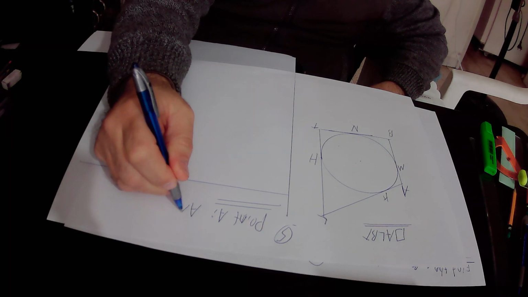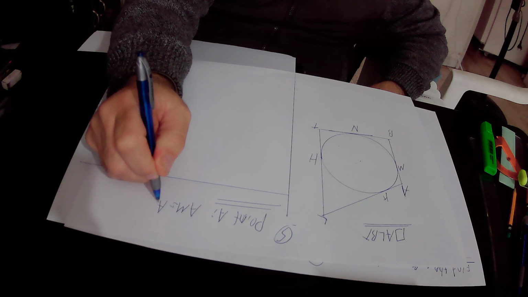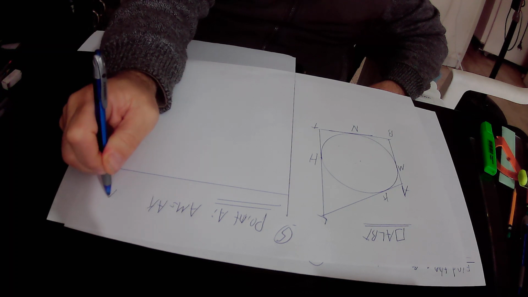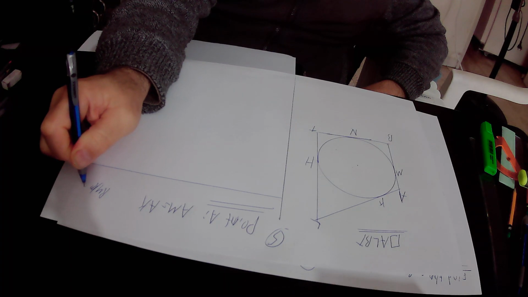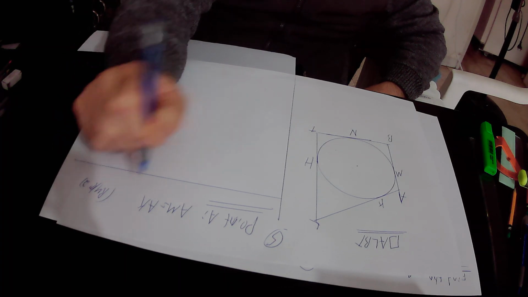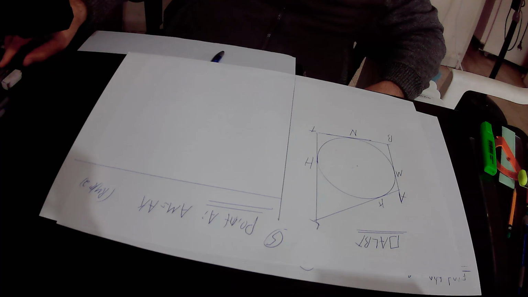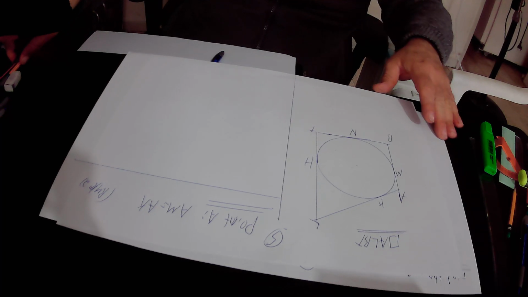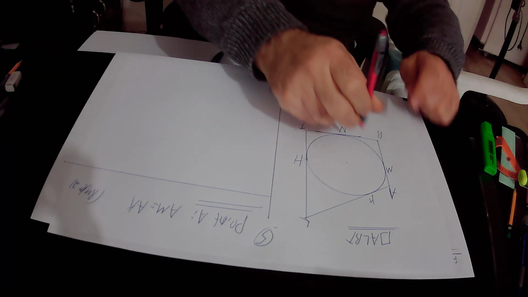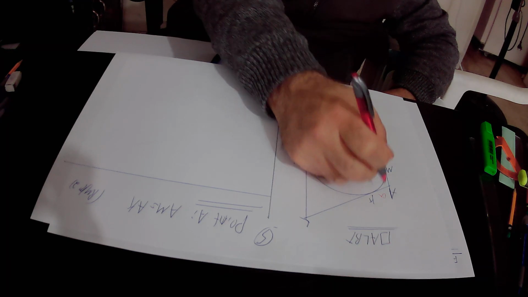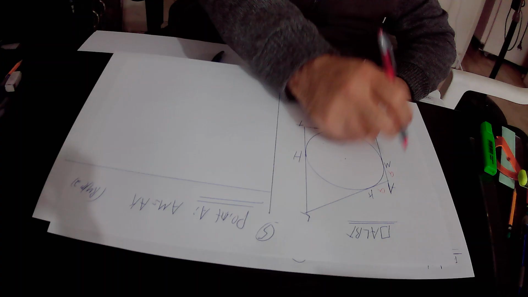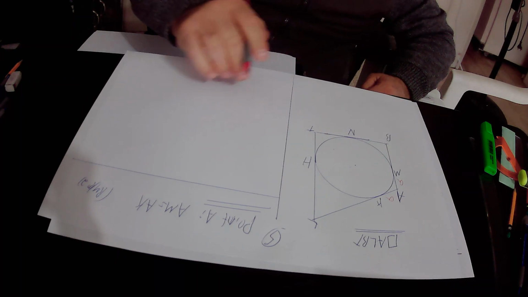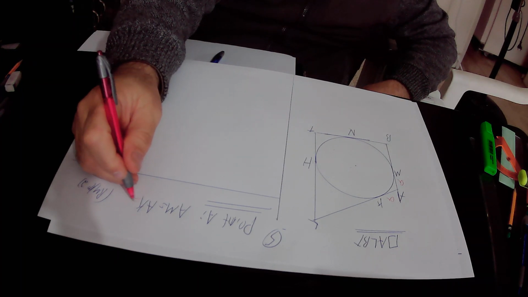That is to say, AM equals AK according to rule 2. So if we define the length of tangent AK as A, then the length of tangent AM must also be equal to A because they are equal to each other. So in conclusion, we found out that AM equals AK equals A.